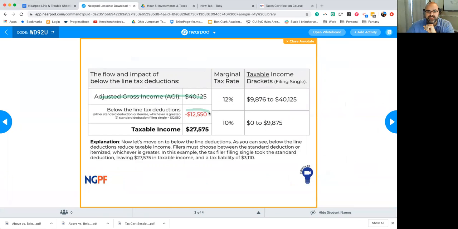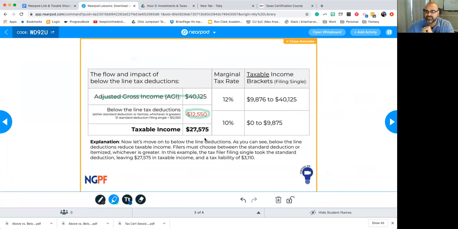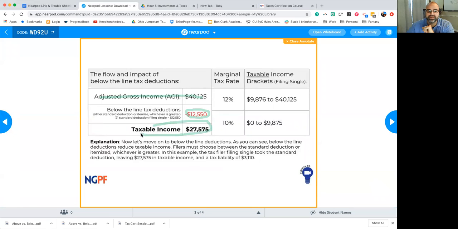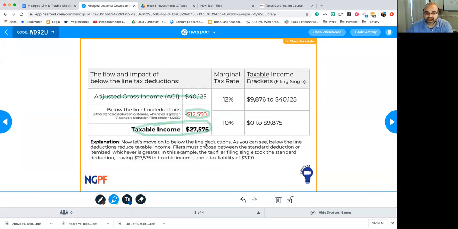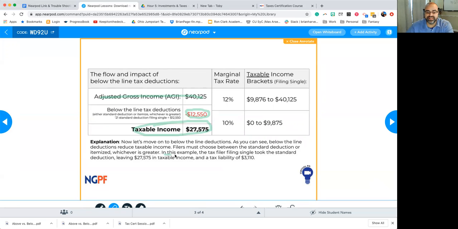In this filing year of 2021, the standard deduction for somebody filing single is $12,550. So you simply reduce this person's taxable income by that amount. This person's taxable income is now $27,575.